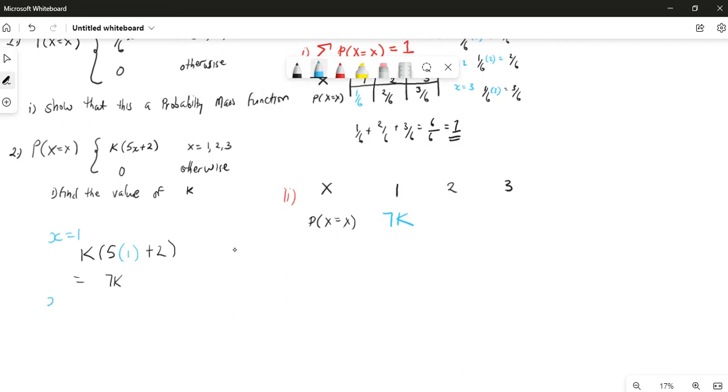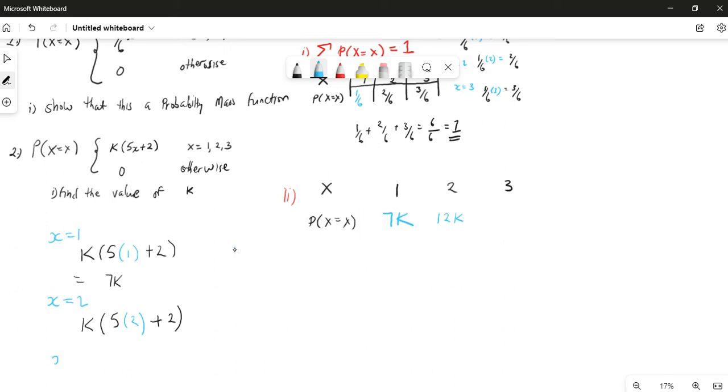When x equals 2, 5 times 2 is 10. 10 plus 2 is 12, so 12k.